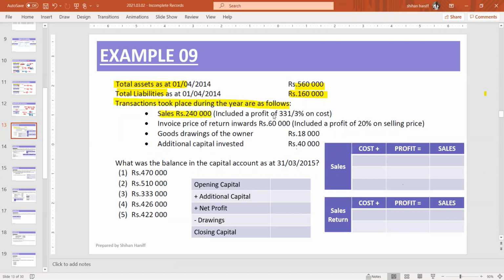Sales 240,000, including 33 1/3% on cost. Invoice price of return inward 60,000, including profit of 20% on selling price. Goods drawings of the owner 18,000. Additional capital invested 40,000. What was the balance in capital account as at 31st March 2015?